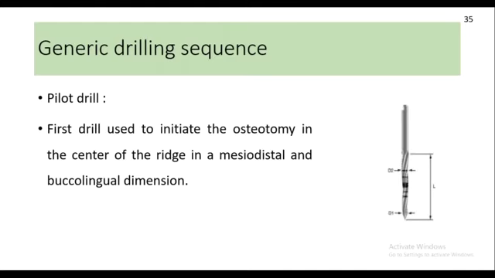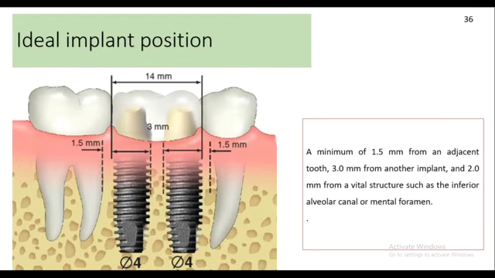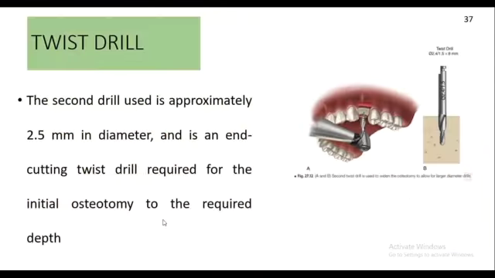Coming on to the generic drilling sequence, the first drill you use is also called the pilot drill, which is used to initiate the osteotomy in the center of the ridge in the mesiodistal and buccolingual direction. Coming on to the ideal implant position, it is a minimum of 1.2 mm from the adjacent tooth, 1 mm from another implant, and there should be at least 2 mm distance from vital structures.